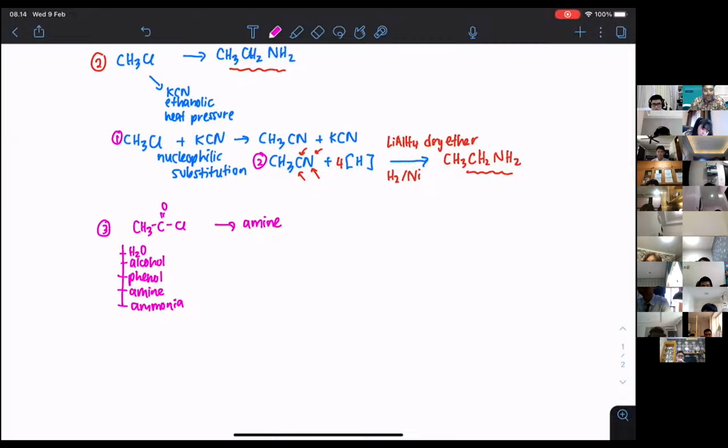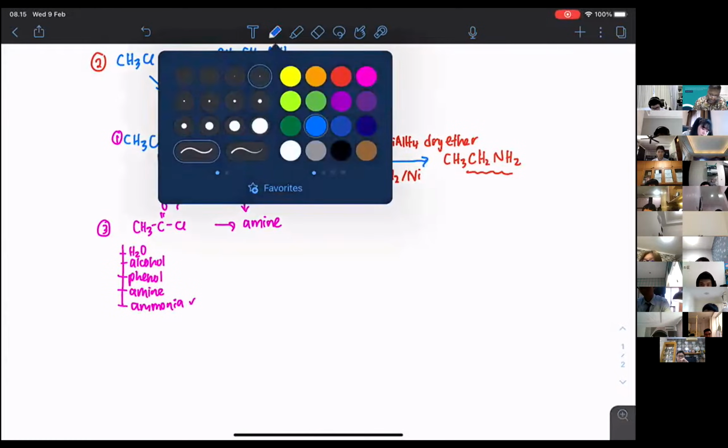If you have this ethyl chloride, how do I change it into amine? The only thing I can think of is to first react with ammonia or amine, and I will get amide first. After that, you can change it to amine by reducing the amide.